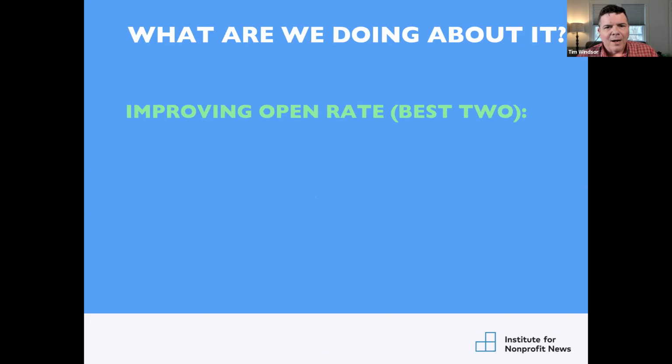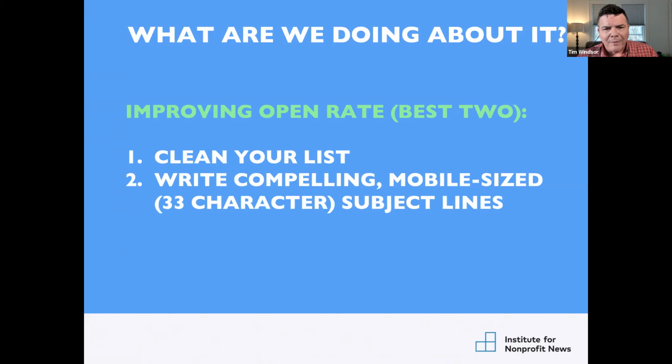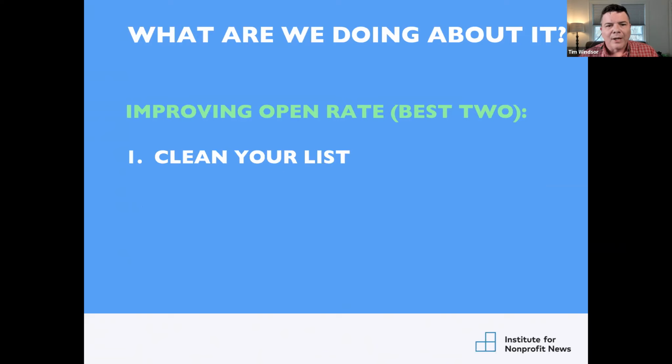Secondly, we talked about open rate. What are the two things you can do, out of the six or seven things we talked about, for improving your open rate? Number one, from a pure rate of improvement standpoint, is cleaning your list, making sure that you've got good email addresses.